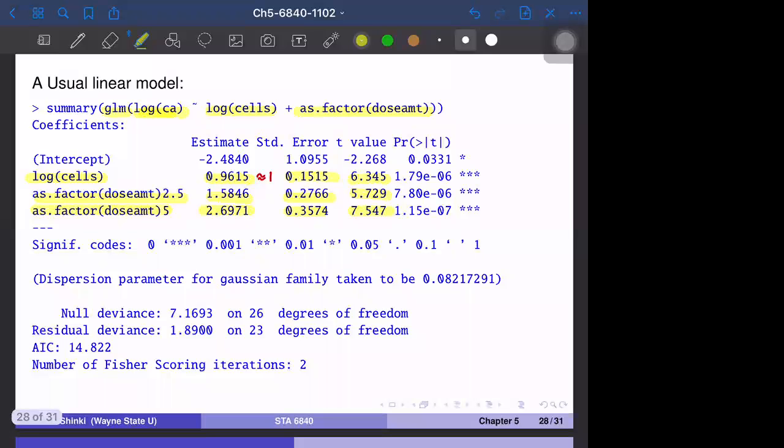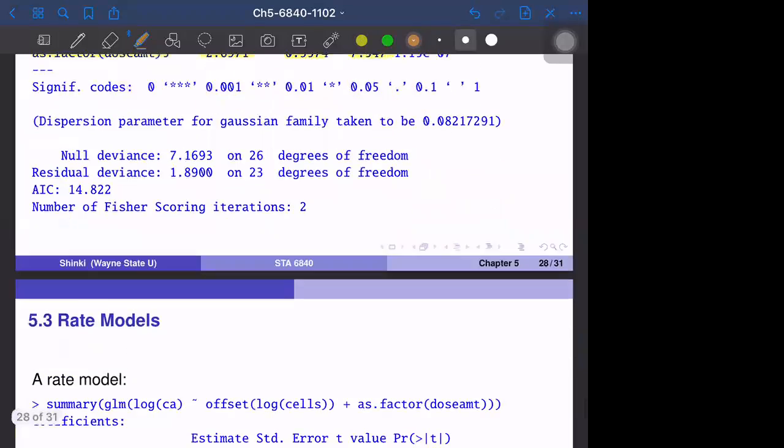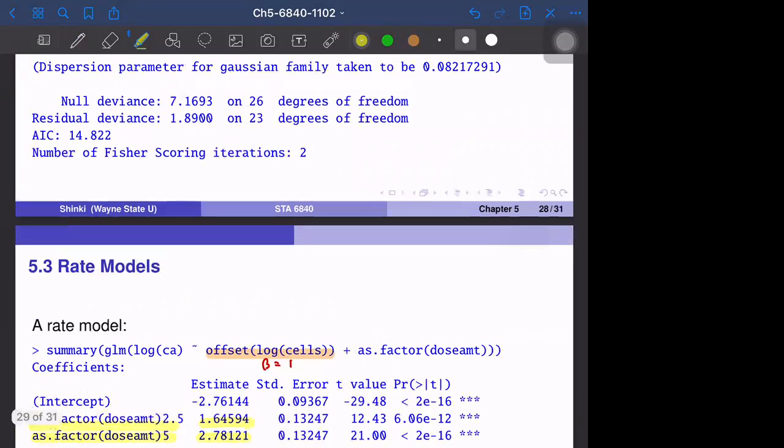So how about the rate model, if we fix log of cells? The estimation result is here. With the offset log of cells, the parameter is always 1. Then we have the 2 variables, dose amount level 2.5 and 5, and the estimates are 1.64 and 2.78.